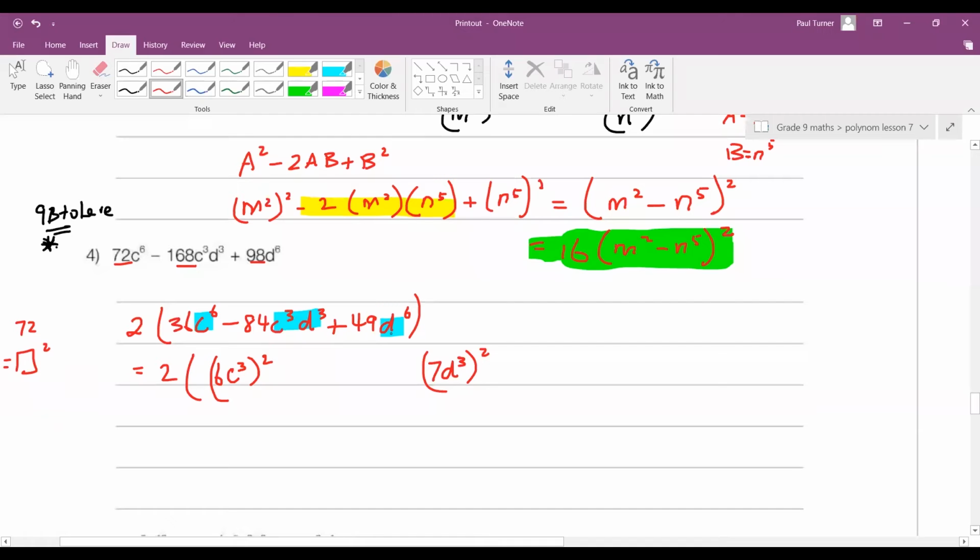So I do the first and last, and then I put the middle in. So by the formula, we would have minus 2, 6C3 from the first one and 7D3 from the last one. That's plus, like that.